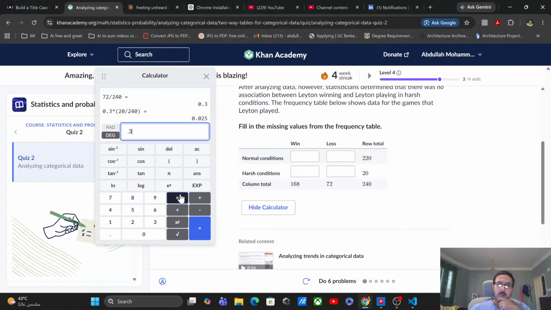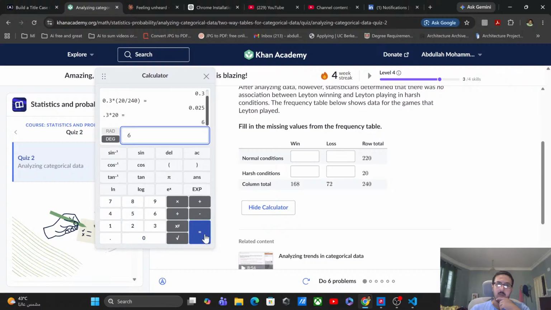So 26, 6, which means this is 20. This is the rest, 30% out of 220.